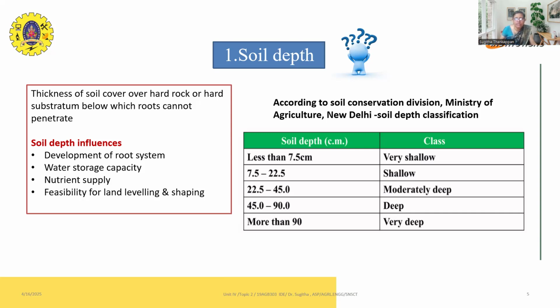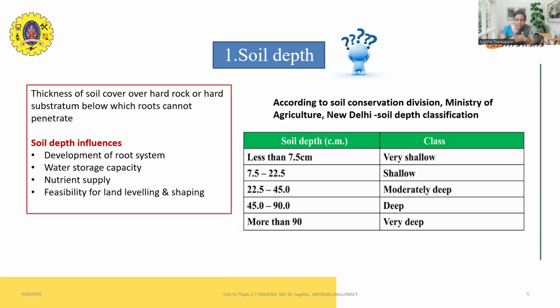So how does the soil depth influence soil water availability? The soil depth influences the root system development. Only up to that hard substratum level can the root grow and penetrate. Moreover, the soil depth influences the water storage capacity of the soil. More the depth, more water storage ability, and it also influences the nutrient supply.